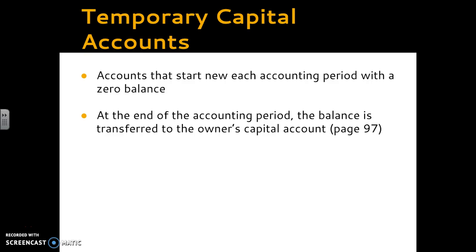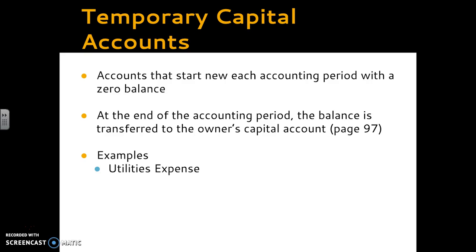To reference this, please take a look at page 97 in your textbook. That is going to display how the temporary capital accounts, such as revenue and expenses, are zeroed out for the beginning of the next period. Now, examples of temporary capital accounts: utilities expense.